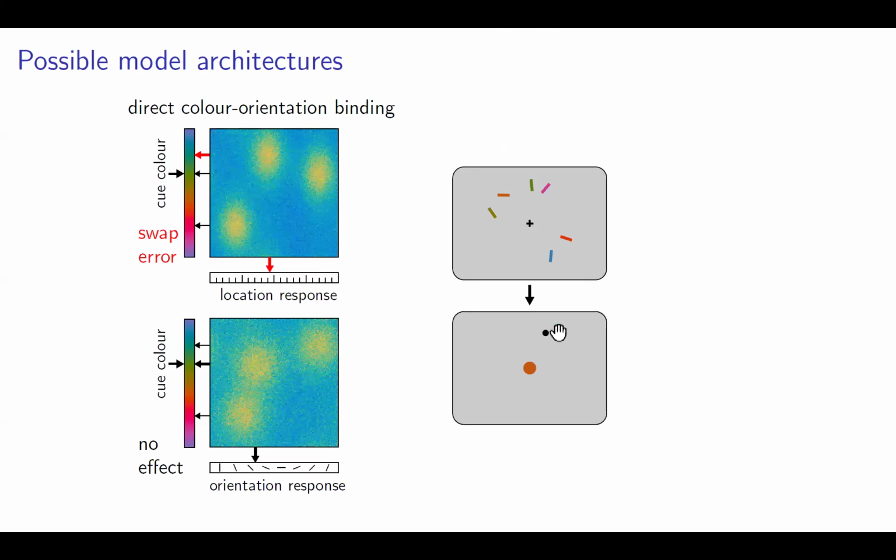And so where we think the spatial response was a swap error, which you can tell relatively clearly because the spatial response is precise. If the spatial response is very close to one of the other item locations, then we can say with relatively high certainty that it was a swap error. The participant selected one item, but it's the wrong item.